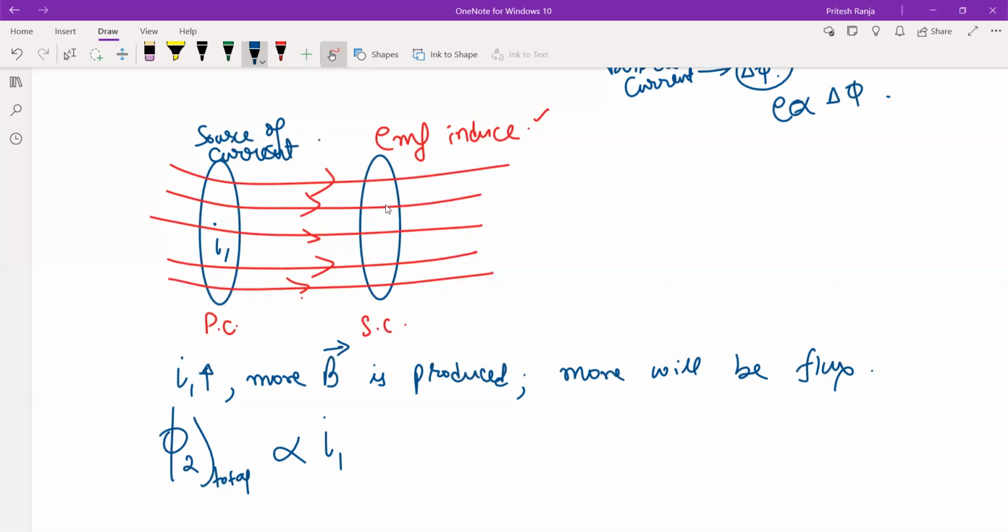So the total flux in the secondary coil, that is phi 2, is directly proportional to the current in the primary coil. To remove this proportionality symbol, we bring a constant of proportionality, that is M. Right? And this constant of proportionality M is called the coefficient of mutual inductance. Same strategy we even applied for the coefficient of self inductance.